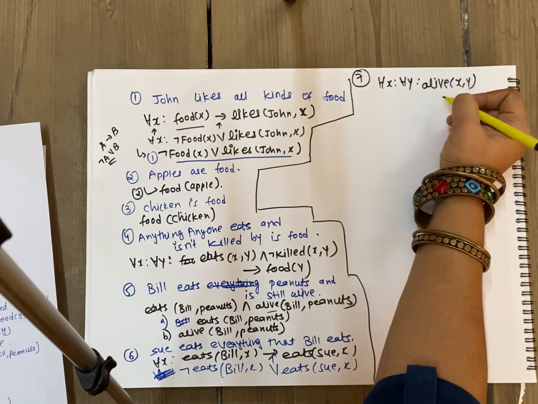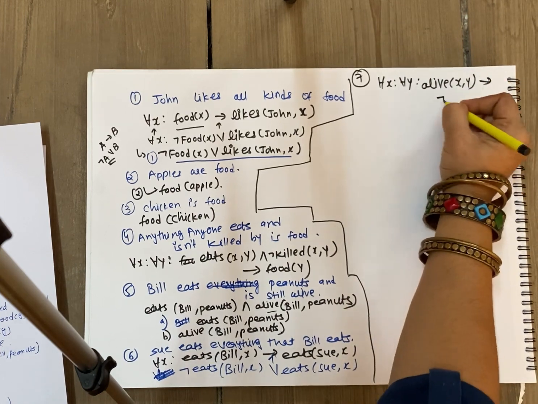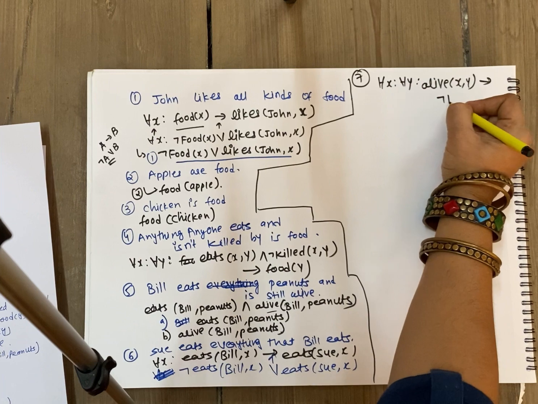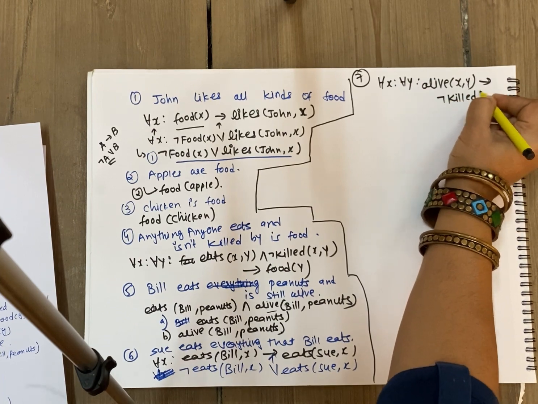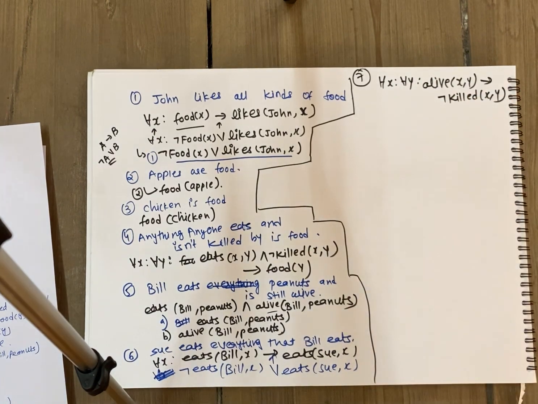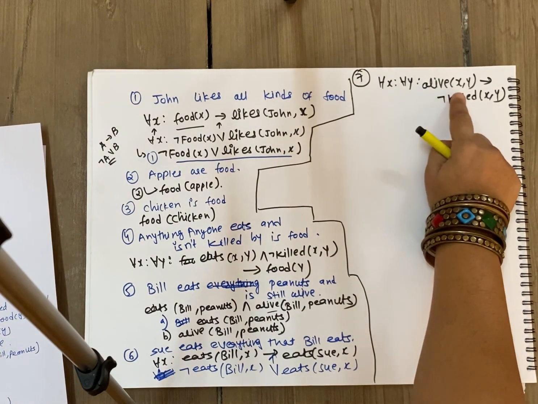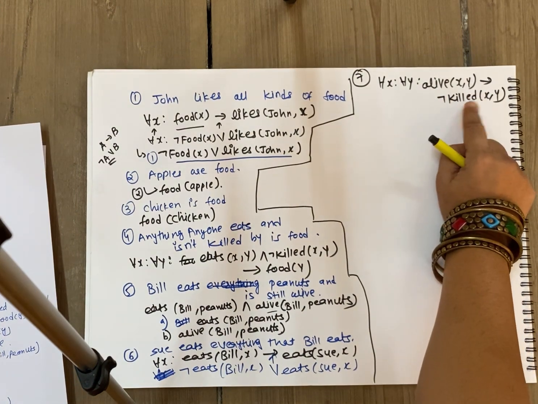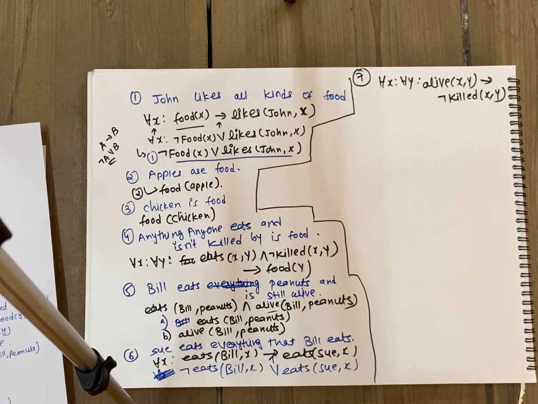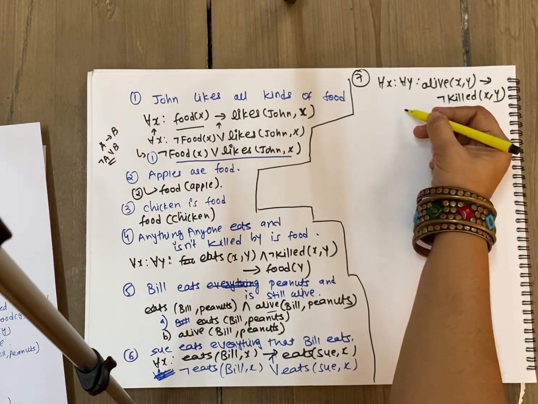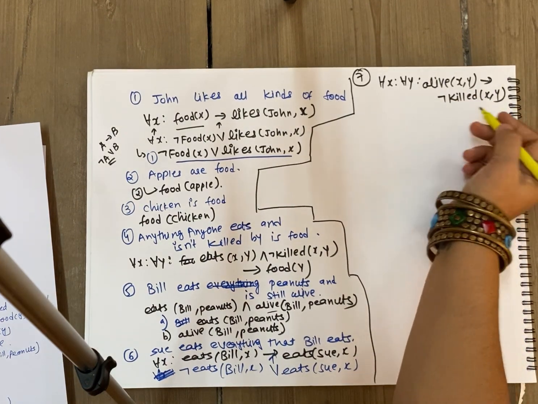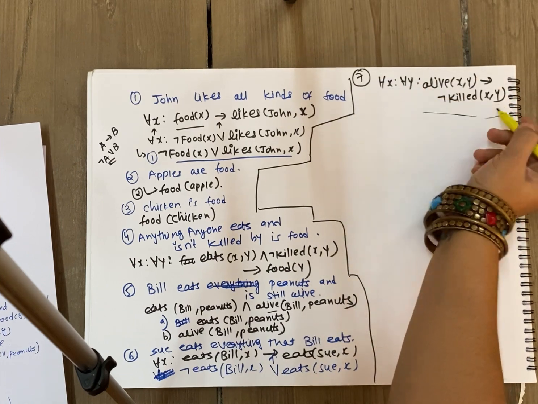If someone is alive after eating something, it means the person is not dead. Means if x is alive after eating y, it implies x is not killed after eating y. Similarly, we can add killed implies not alive also. Okay. Now what will be the CNF form of this?